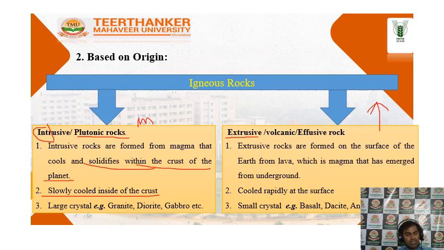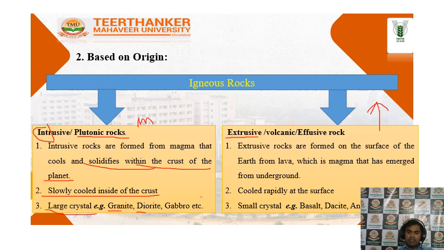That is why it takes time to cool down, and then it crystallizes. Large crystals are found, for example in granite, diorite, gabbro, etc.